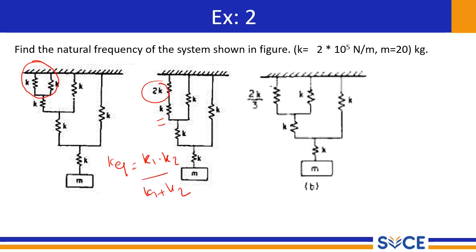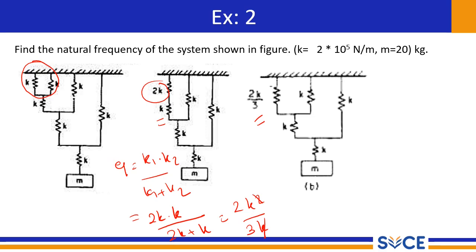If I apply this, it is 2K into K divided by 2K plus K, so 2K square divided by 3K. One K gets cancelled, so these springs in series give 2K by 3.